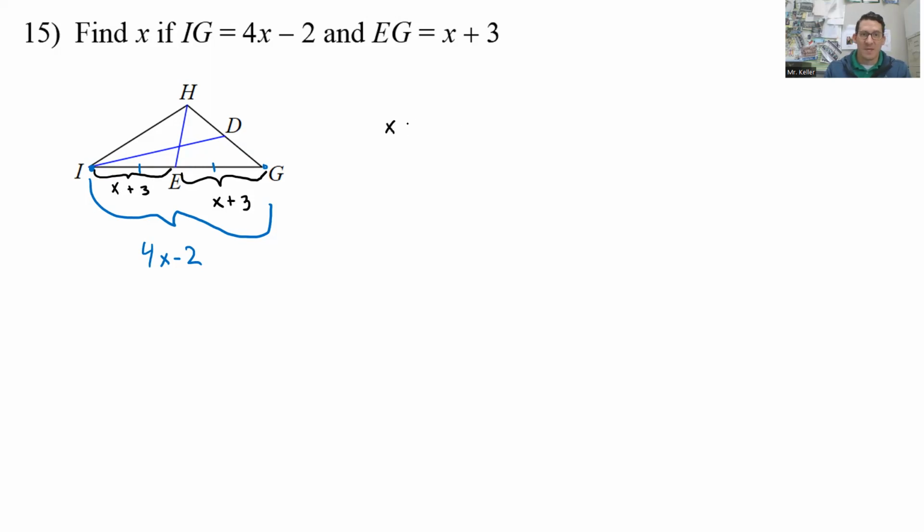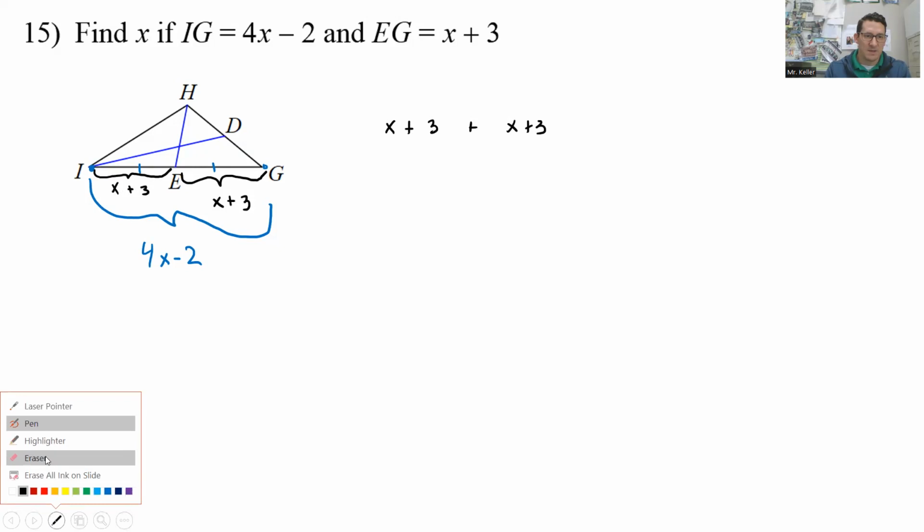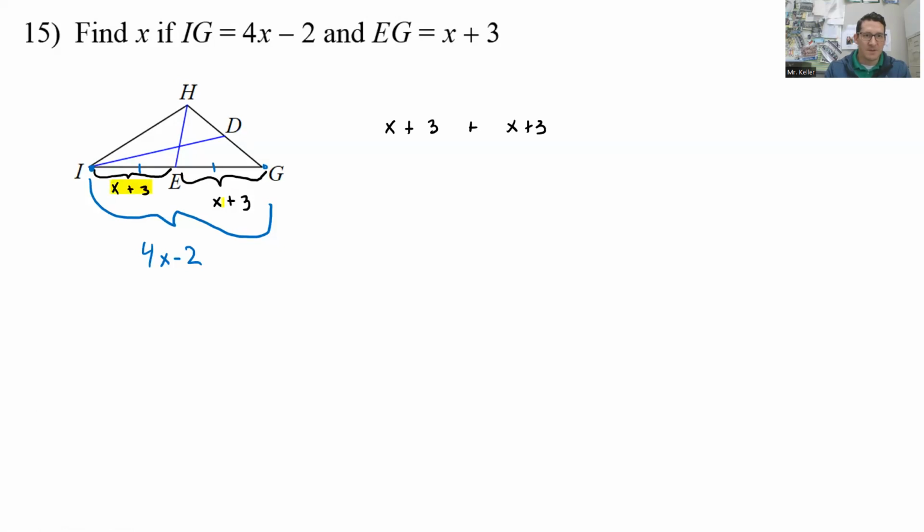If we add those together, x plus 3 plus x plus 3, those two parts together, I'm going to highlight some things, hopefully not make it more confusing. So this x plus 3, if we add those two pieces together, they have to be equal to the full piece.